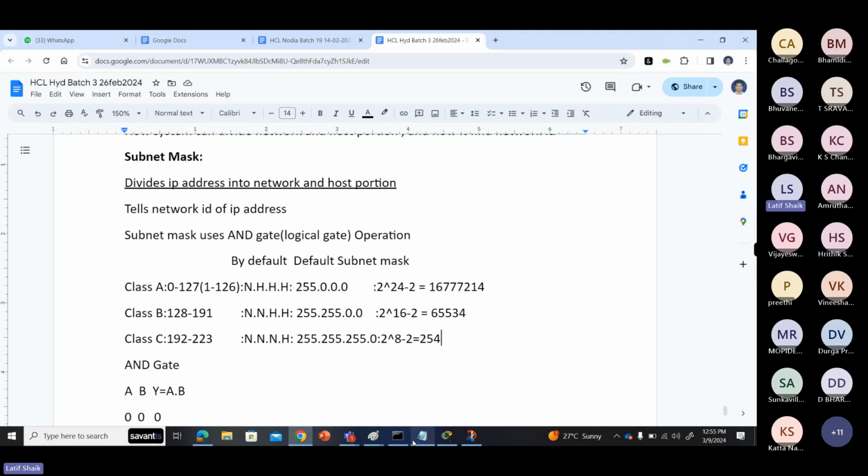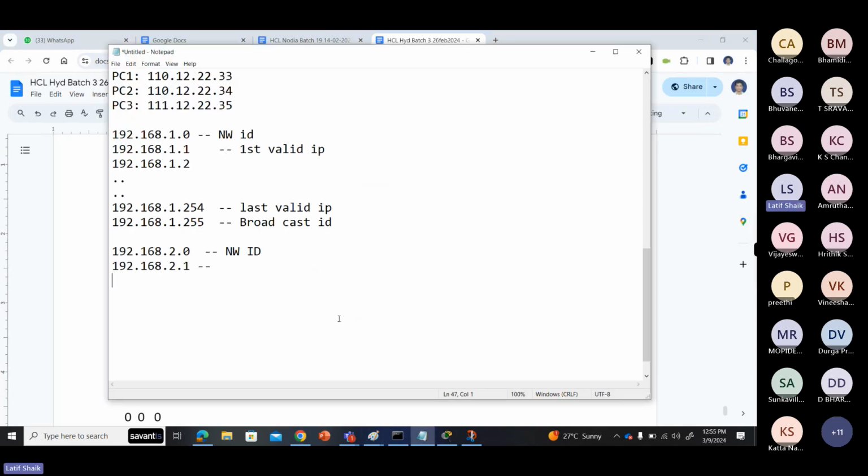So how is it? For example, class B: 172.16.0.0. This is the network ID in this particular network. Class B means the first two portions should not change.